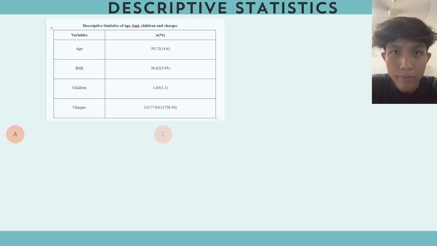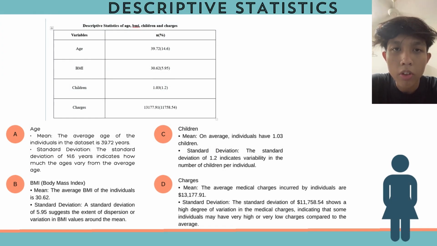Thank you. Okay, so I will explain the descriptive table. Firstly, age: the average age of the individuals in the dataset is 39.72 years for the mean, and the standard deviation of 40.6 years indicates how much the age varies from the average age. Secondly, we go into BMI.